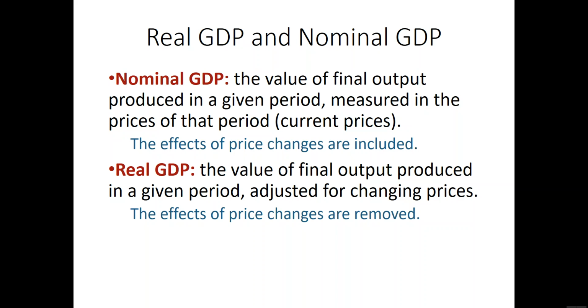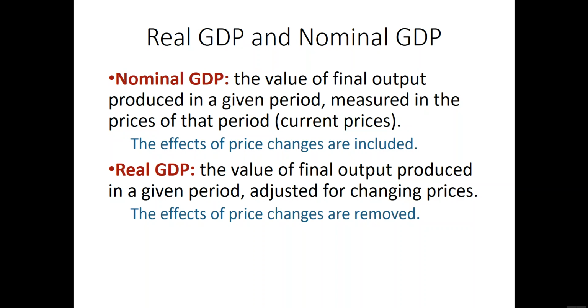But real GDP means the value of the final output produced in a given period is adjusted for changing prices. So you can see the difference: nominal GDP will be affected by inflation. However, real GDP will not, which means real GDP is the better way to compare across different periods of time.